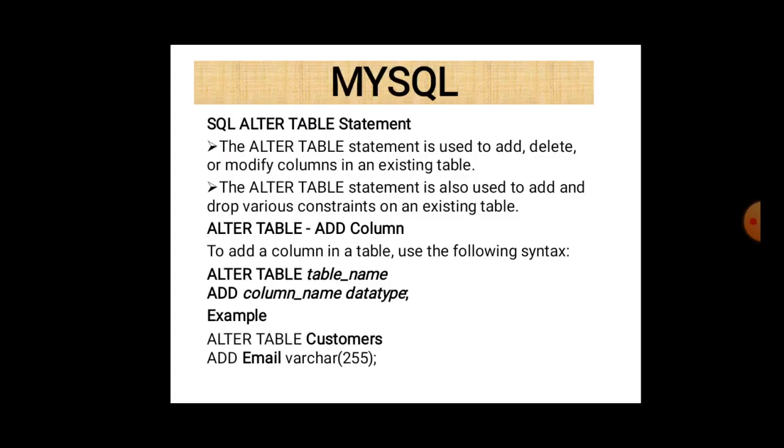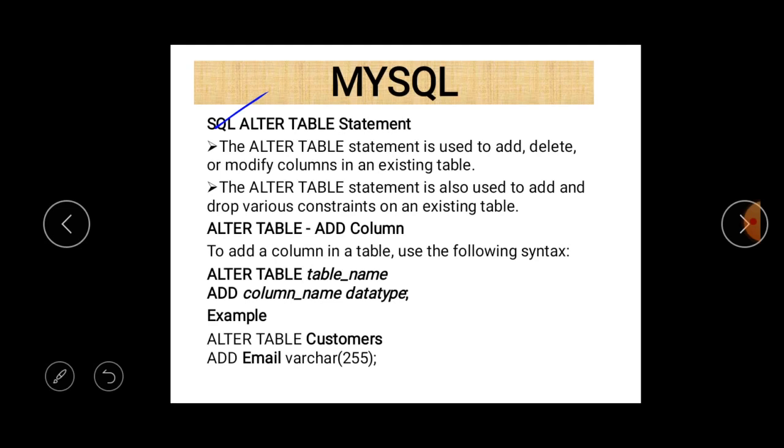First is the SQL alter table statement. The alter table statement is used to add, delete, or modify columns in an existing table. In our previous lecture, we discussed the update command. Update belongs to DML, and the alter table statement belongs to DDL, so it is a data definition language command.